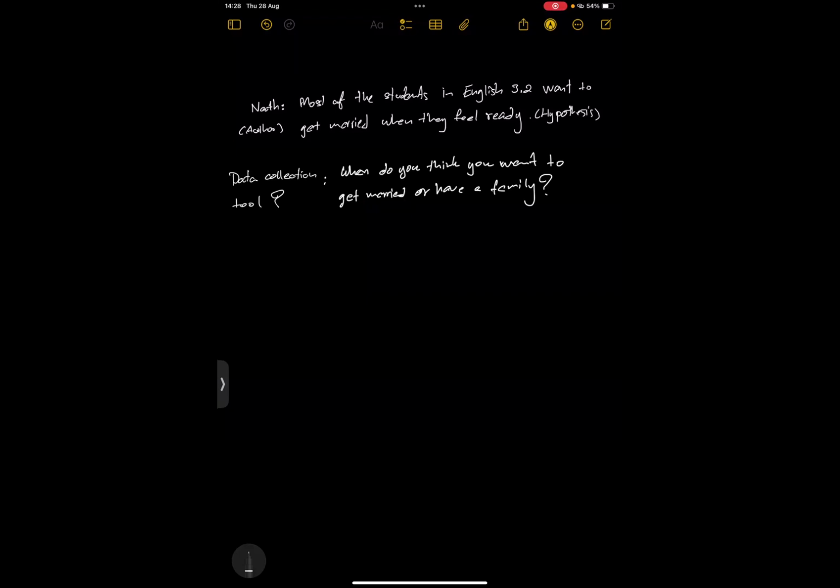So back in the day, getting married and having a family meant the same thing. But today, having a family doesn't mean you have to get married. And some people get married not because they want to have a family, but because they want some other benefit.